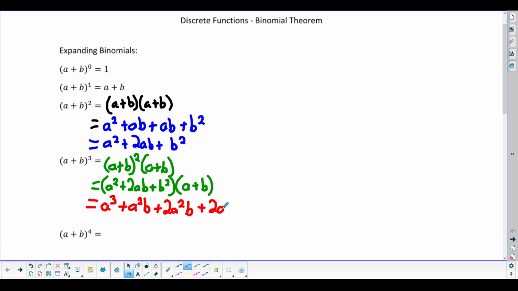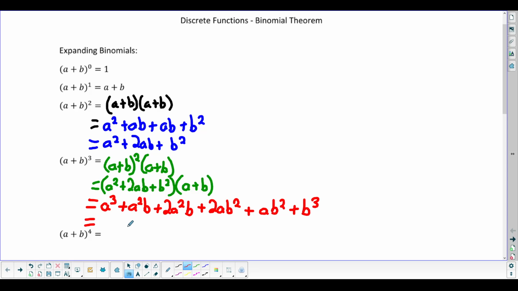So we have 2ab squared. So the b's can square. Then we do the b squared, and we get plus, and I'll always write the a terms first, just in each term. That way it's a little more organized. So b squared times a is ab squared, and then b squared times b is b cubed.